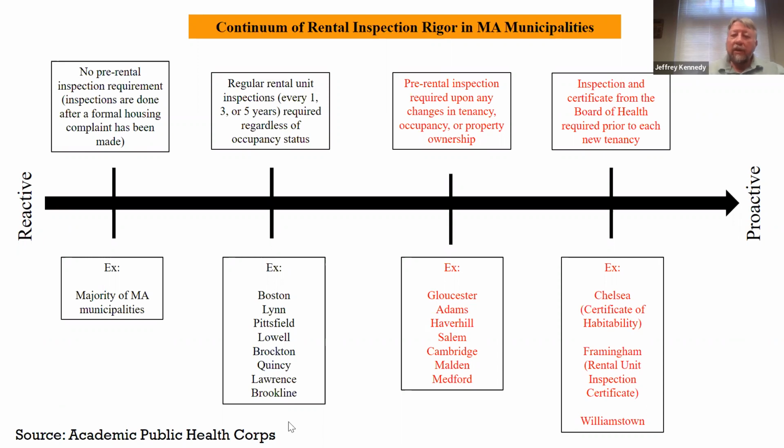We also have a couple other things going for us in addition to our schedule of fees regulation and our rental units regulation. We have a local fines regulation, just promulgated a couple years ago. It went through the Board of Health, went through some attorneys at a couple of the state agencies, or at least one attorney, and then it went through our town council.